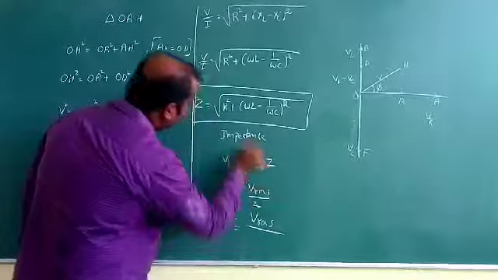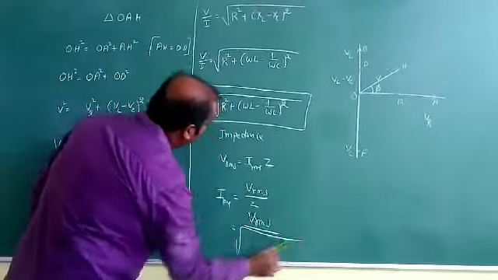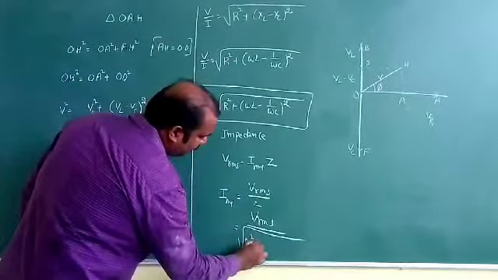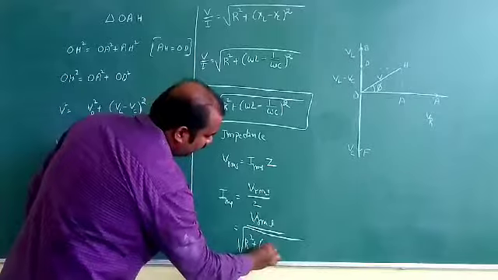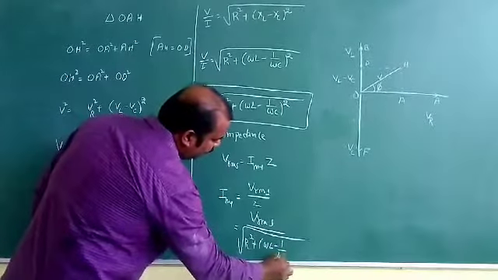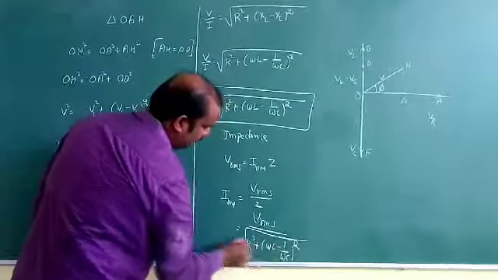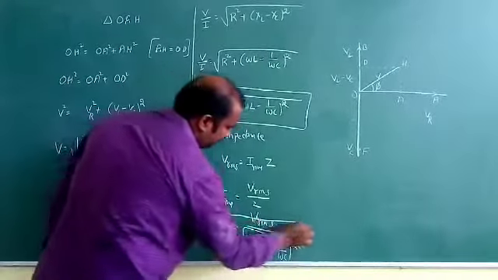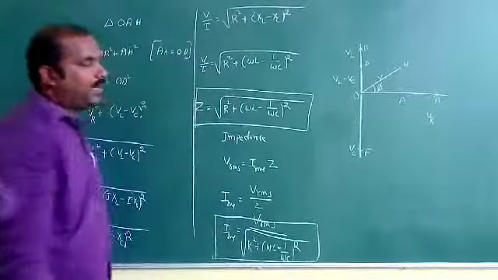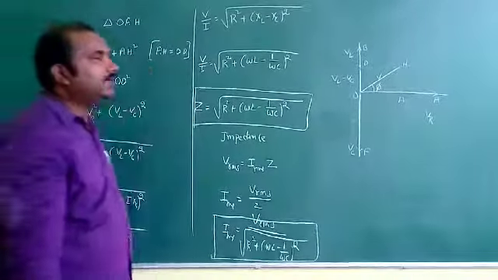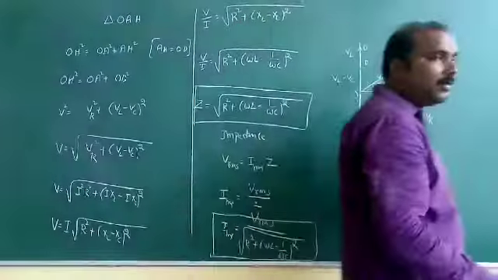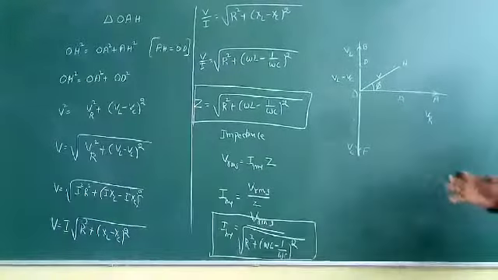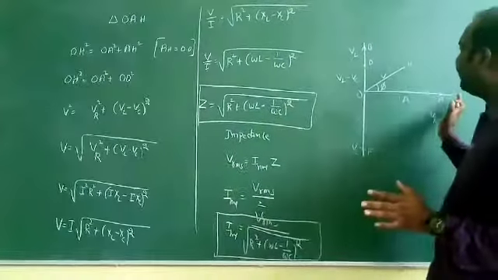VRMS by Z, square root of R square plus (omega L minus 1 by omega C) whole square, and this gives the IRMS equation.